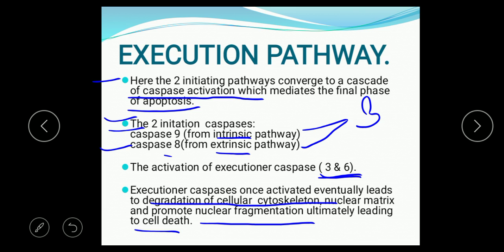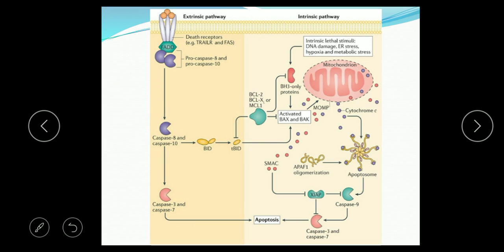Okay, now let's move on. Now let's see this big picture, the comparative picture of the extrinsic pathway and intrinsic pathway, and recollect all the ideas of both. Let's start with the extrinsic pathway, then we'll talk about the intrinsic pathway.